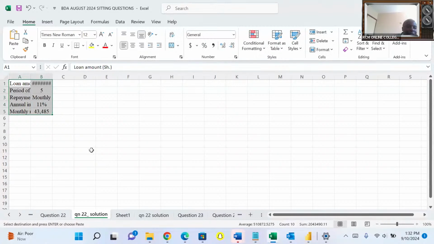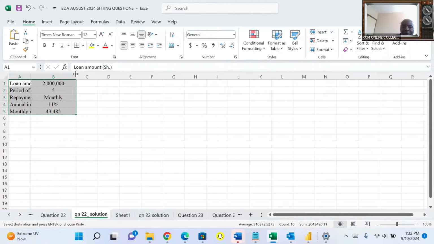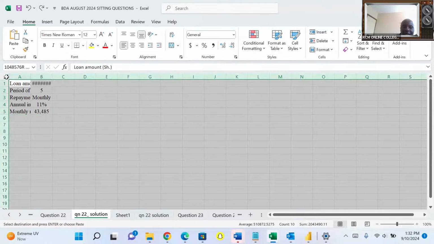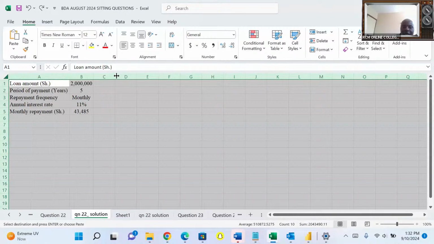So ladies and gentlemen, I can see this figure is too big, it's not able to fit. So how do I do this? I can either do this traditionally, like I know most of you will do. Or if there are very many cells like that, it will be prudent for you to highlight the entire sheet, and then come to any in-between cell and double click.